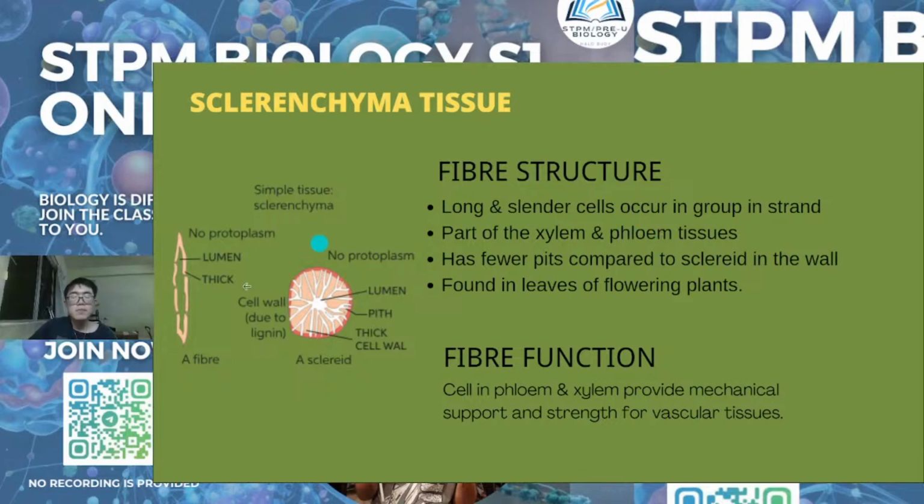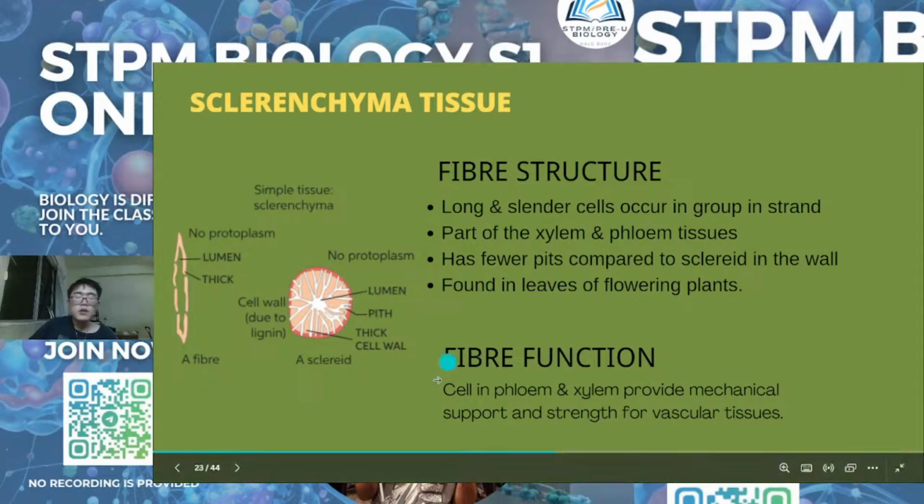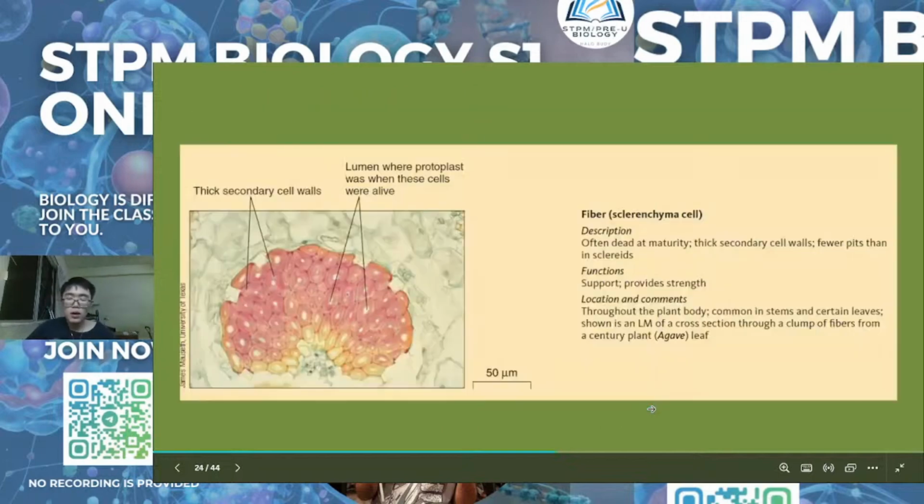It has fewer pits in the cell wall compared to the sclereid, and is found in the leaf of flowering plants. Normally the fiber function is to provide mechanical support and strength for vascular tissue.